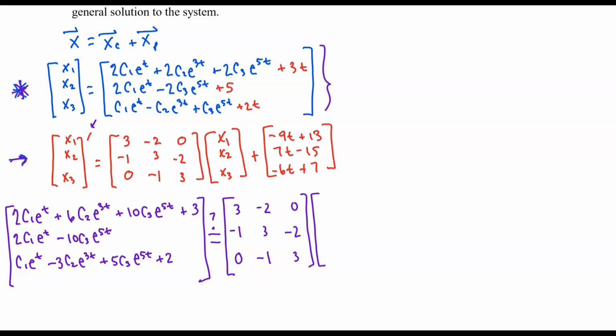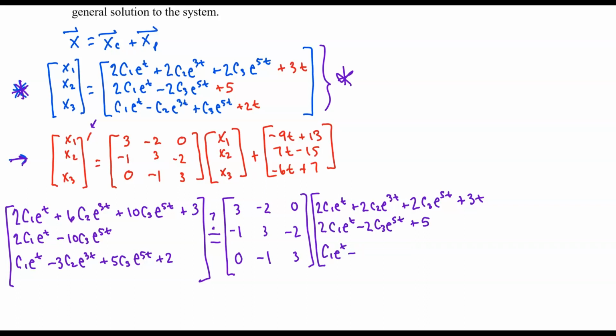Let's fill in the information for x1, x2, and x3 from our general solution. And then finally, we have our non-homogeneous term.